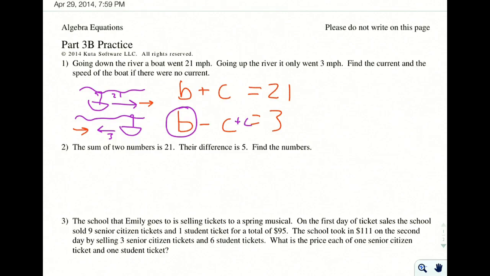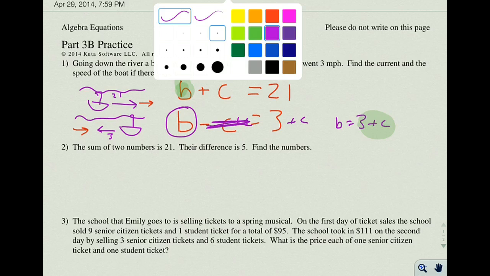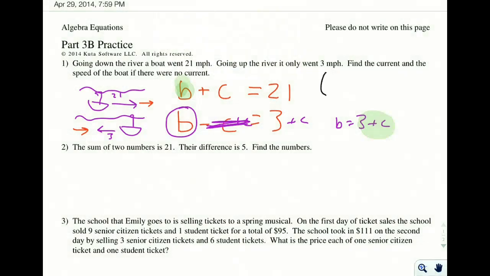If we add C to both sides of this equation, these two C's cancel out, leaving me with B equals 3 plus C. Now I'm going to take that B and plug it in for this B in the first equation. So I'm going to rewrite the first equation, open parentheses, plus C equals 21.